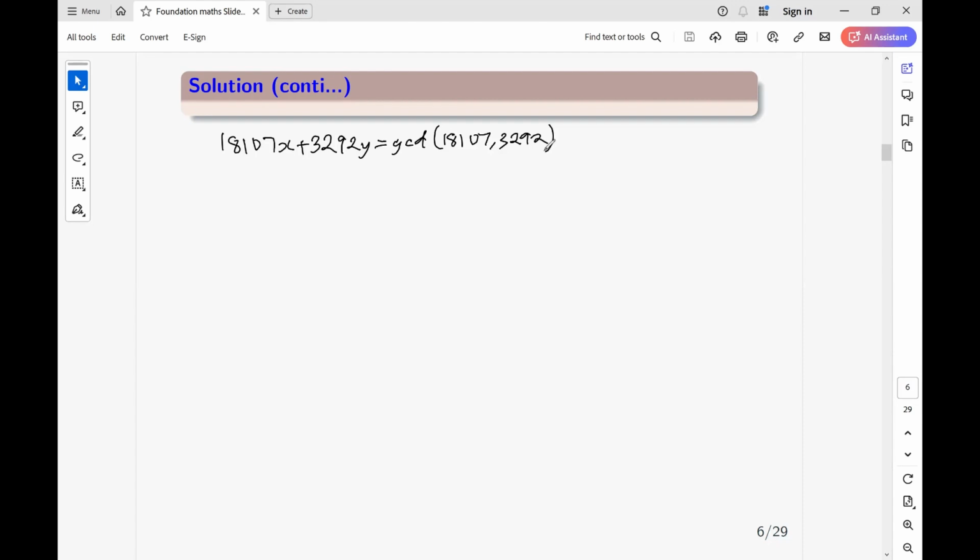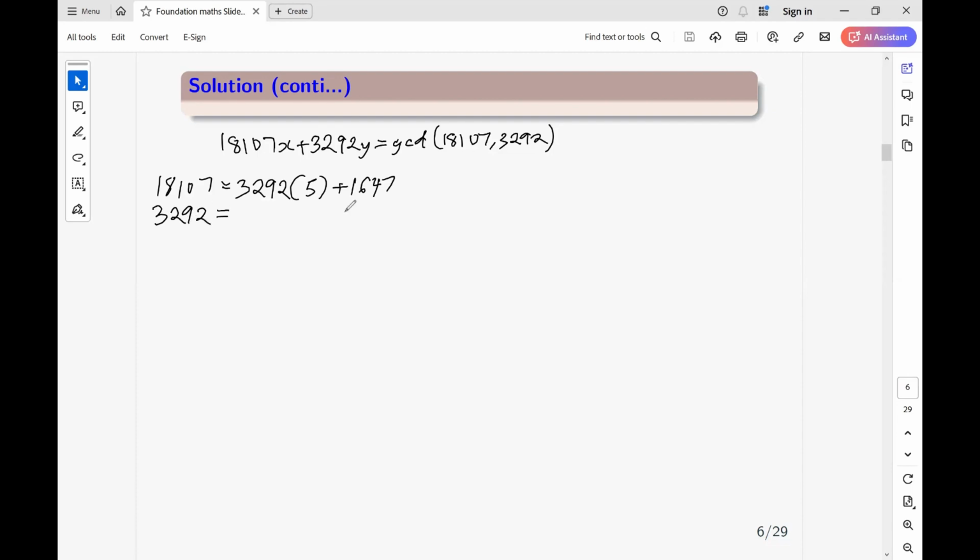Between the two numbers, 18107 and 3292: 3292 goes into 18107 5 times, and the remainder is going to be 1647. Then we do it another time.